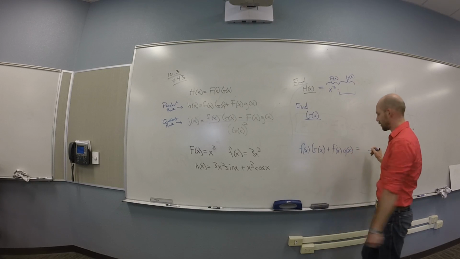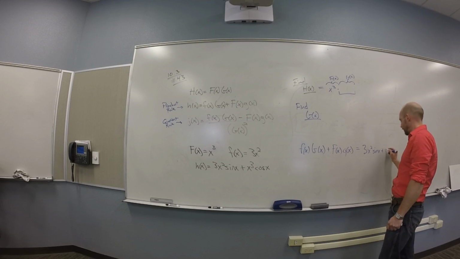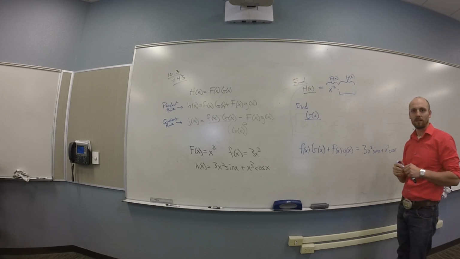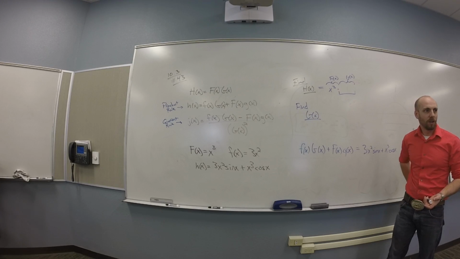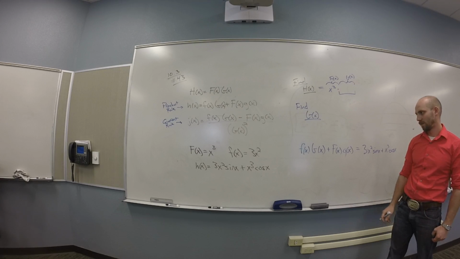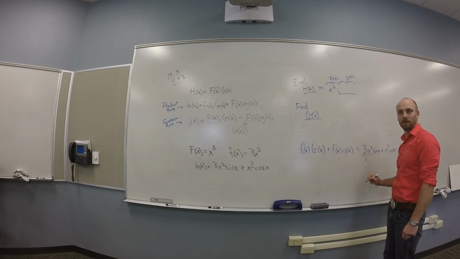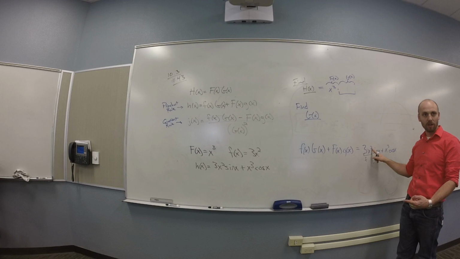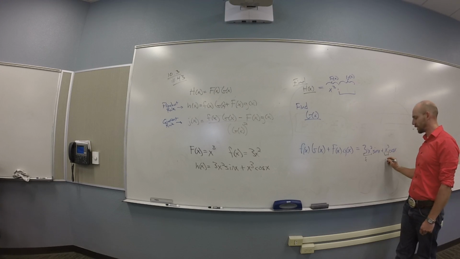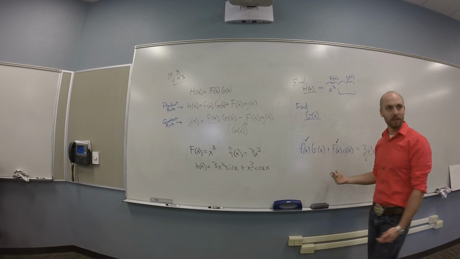On the other hand, they told me this is 3x squared sine x plus x cubed cosine x. So can I match chunks? That 3x squared there is little f. And x cubed is capital F. So those are kind of checking into place.